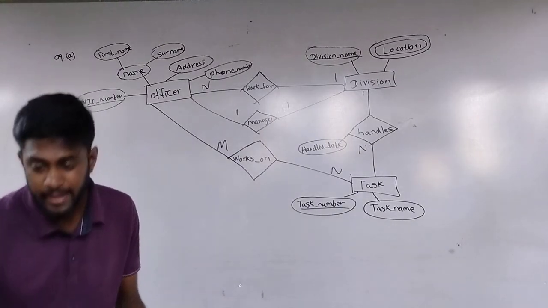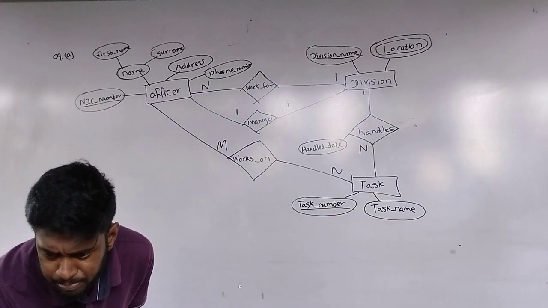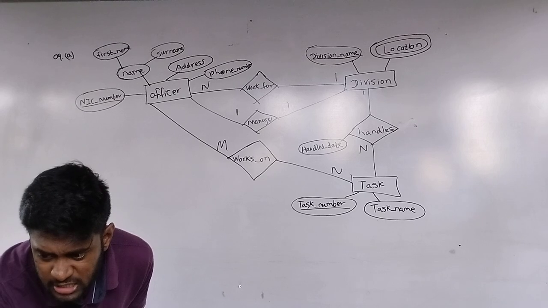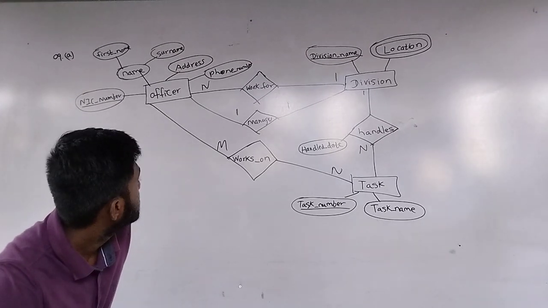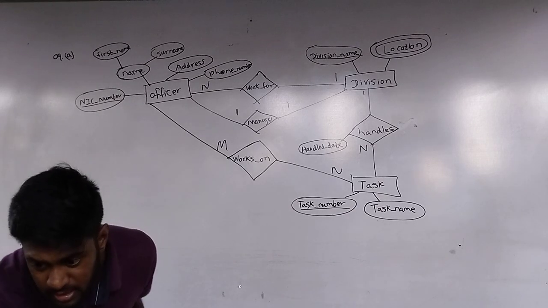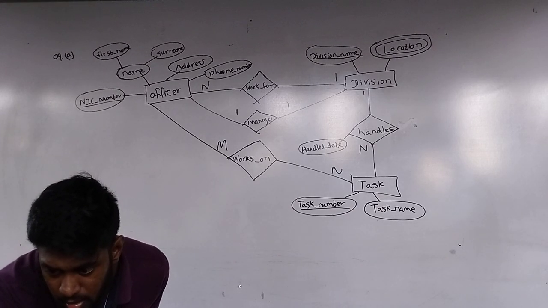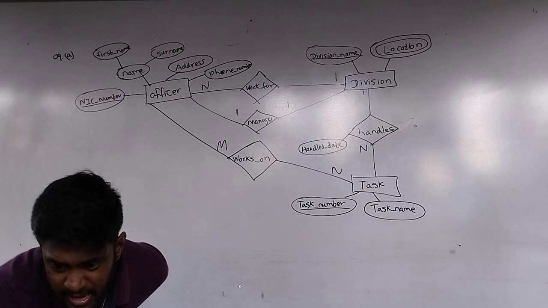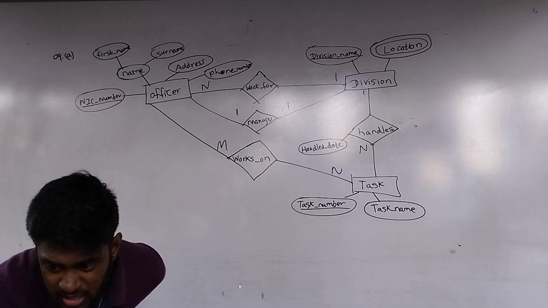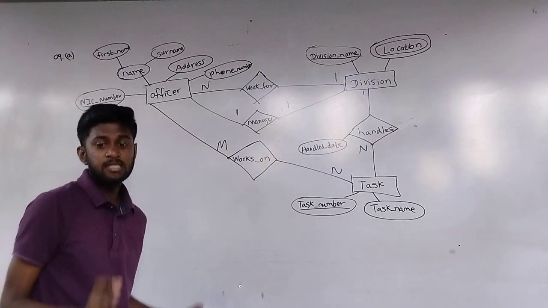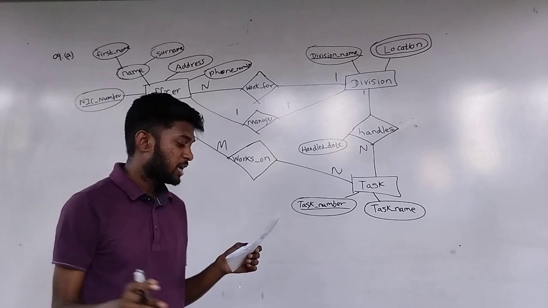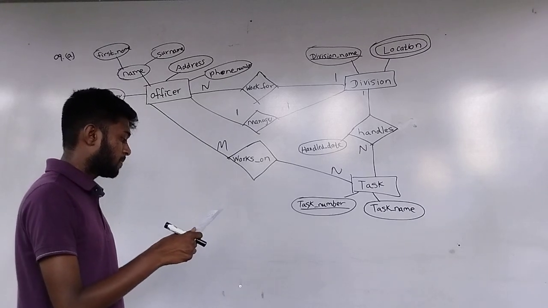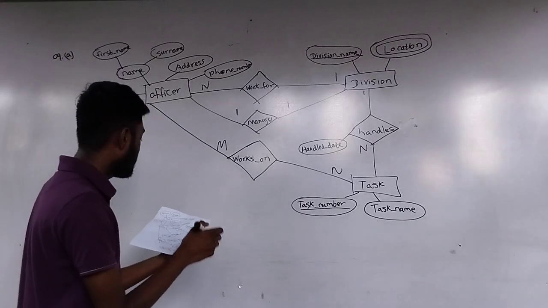Then each division is managed by one of its officers, and the starting date on which the officer started managing the division is stored. Therefore, that start date, where should it come?